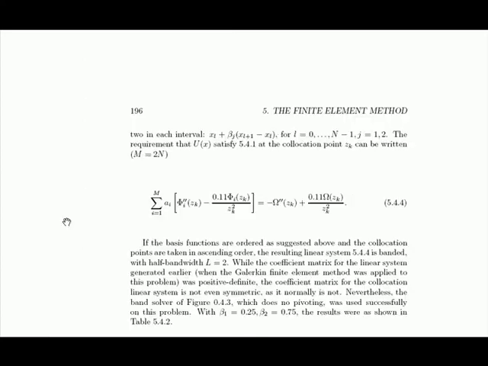Okay, so far that's just like the Galerkin method. We're expanding u in the same form. The difference is, in the Galerkin method, you basically multiply by phi k and integrate to get your equations. Here it's actually simpler. We simply require that the PDE itself be satisfied exactly at certain collocation points.